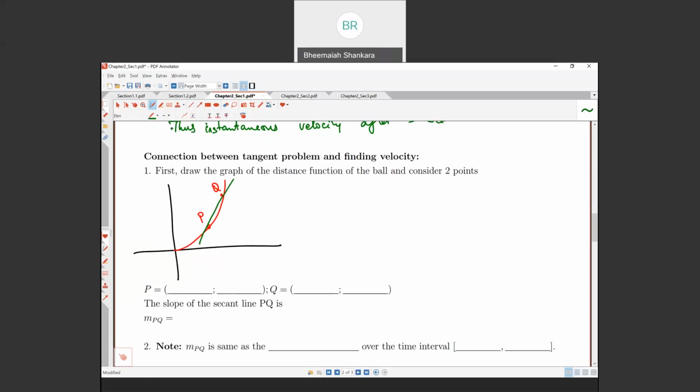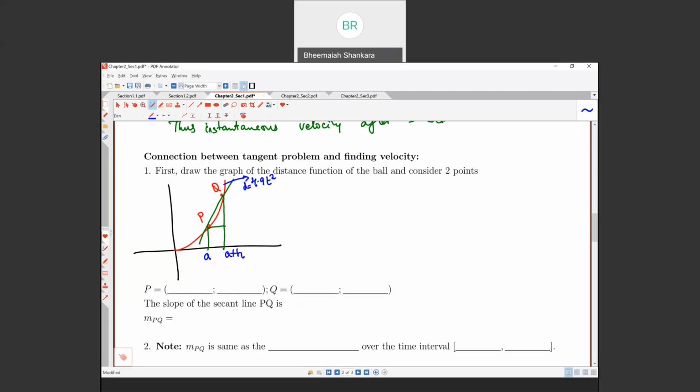Now drop a perpendicular from Q and drop a perpendicular from P and join these horizontal lines. Mark the first coordinate as A, the second coordinate is an increment of the first coordinate, so A plus H. And you want to understand the smooth curve here is the distance function, d equal to 4.9 t square.